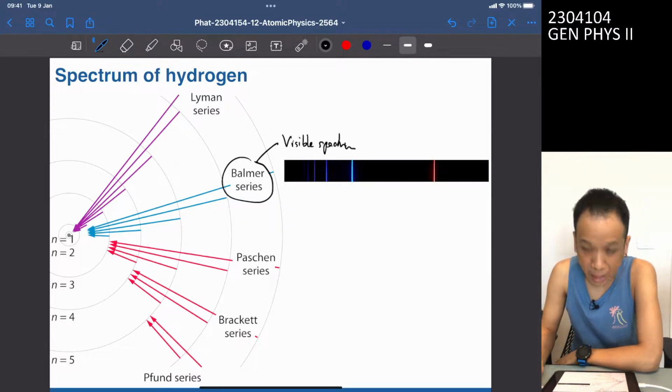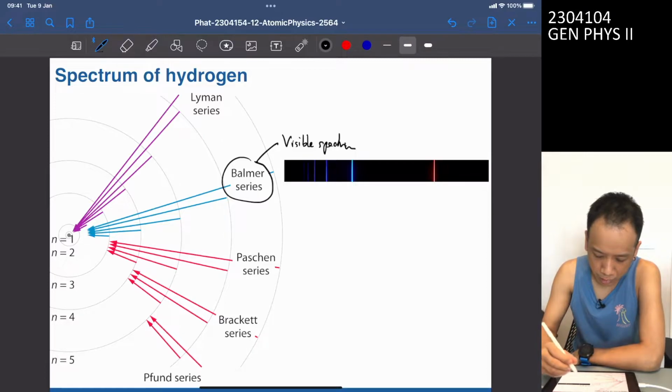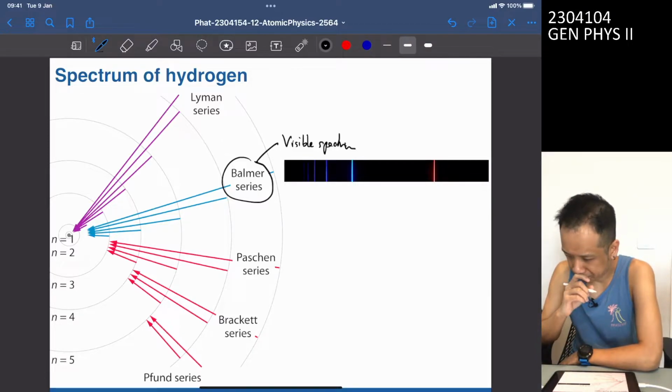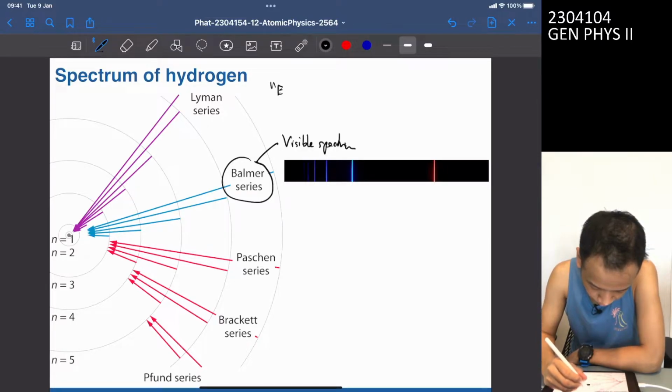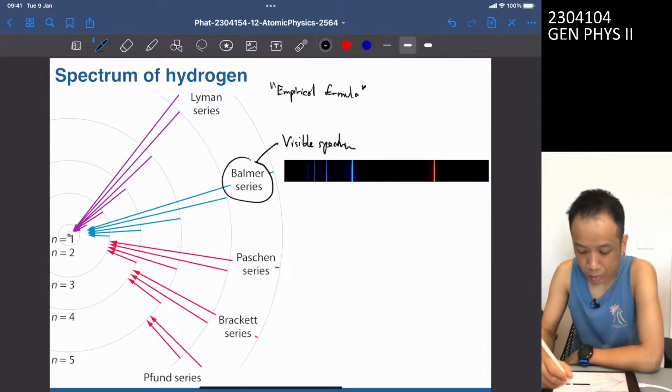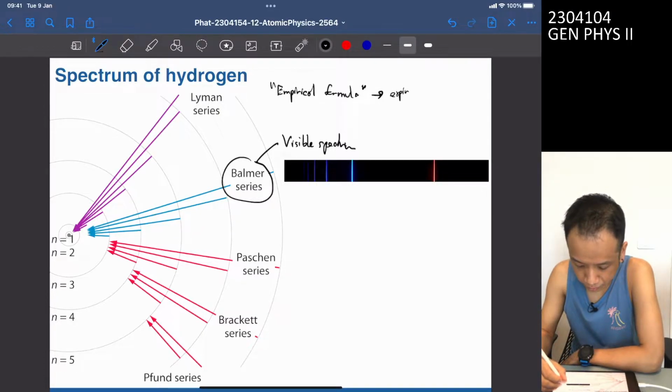In that time, Balmer proposed what we call an empirical formula. The empirical formula is a formula that is formulated from experiments.